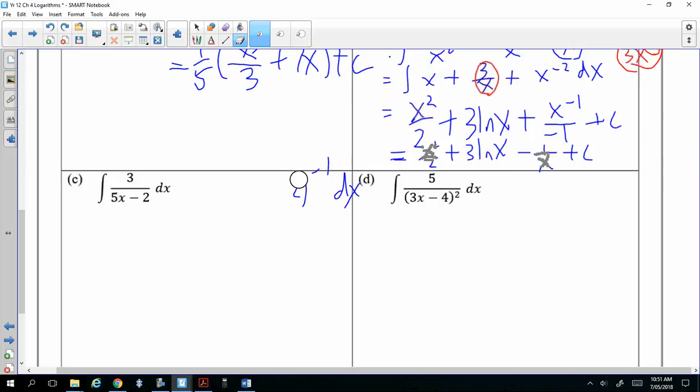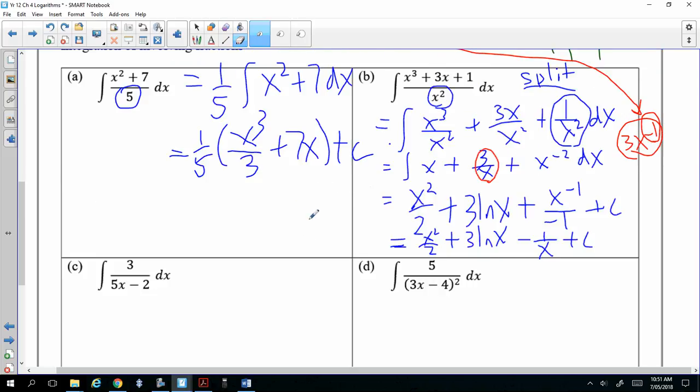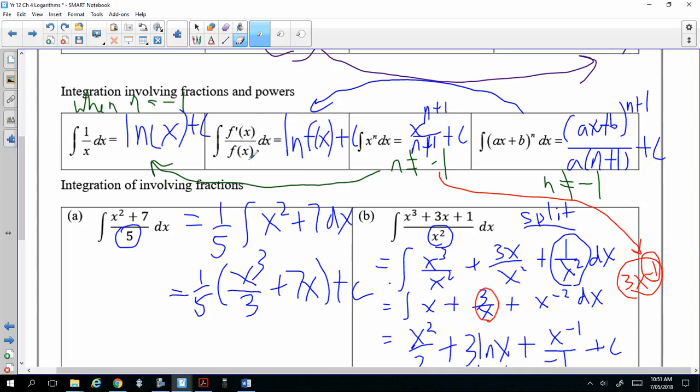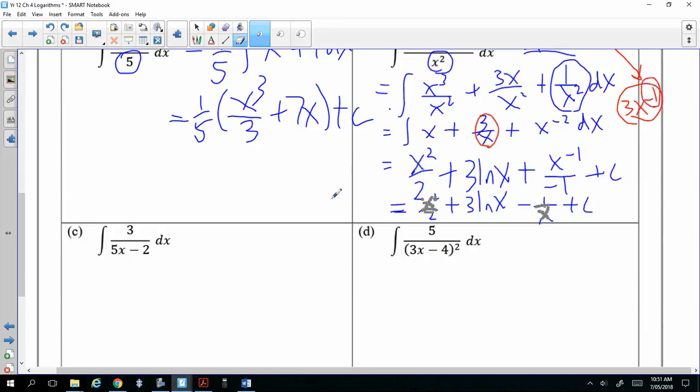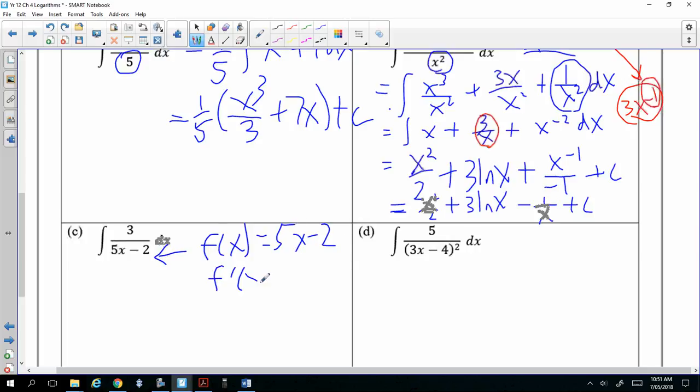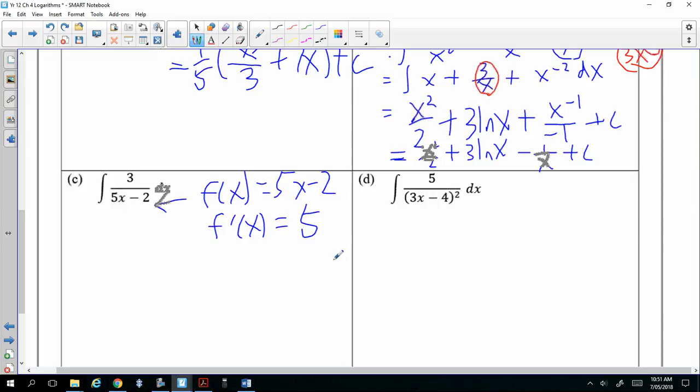So you're going to write, this is your f x, 5x minus 2. And if you differentiate it, you get 5. So I need to have 5 on the top. So that means I need to take the 3 out: 3 times 1 over 5x minus 2 dx.